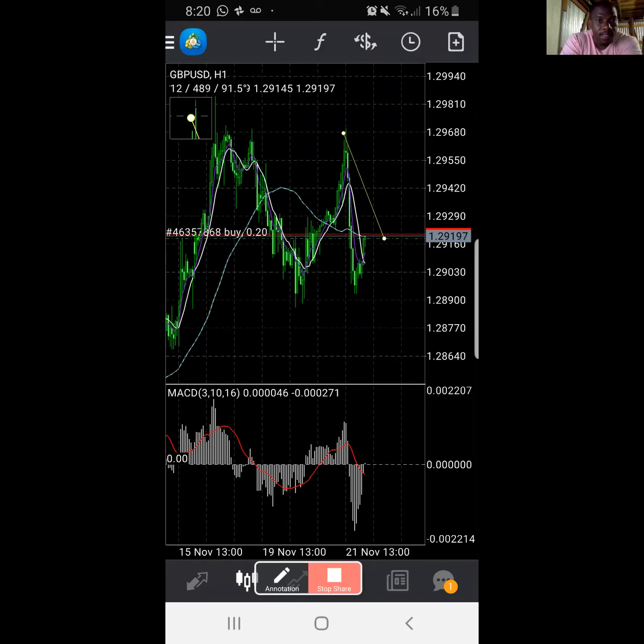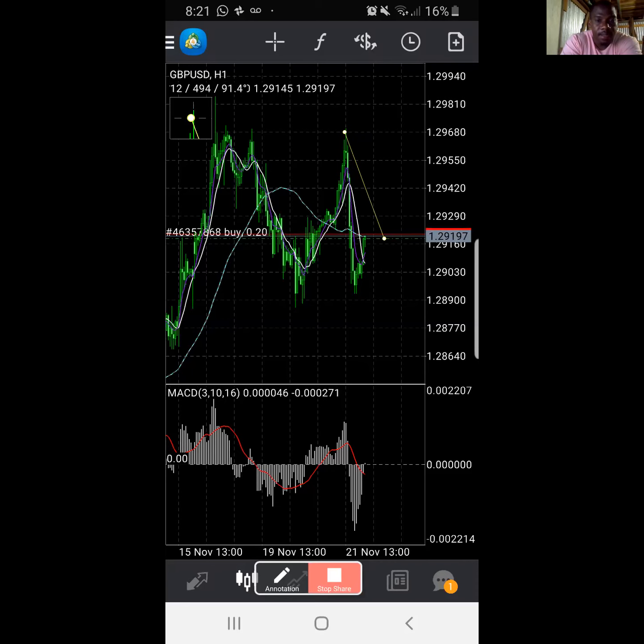You will see in the top left hand corner under GBP USD, you will see the number 12, then a slash, then 492. That middle number will show you my pips. So we're looking at the 4 and the 9. The last digit we would exclude.